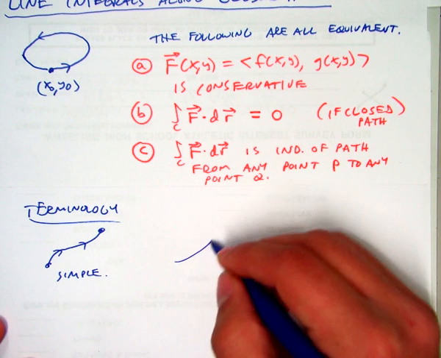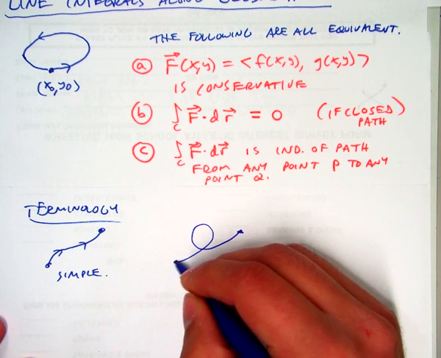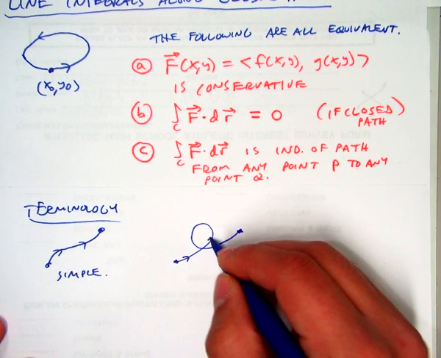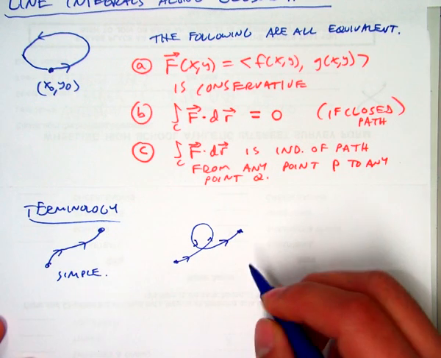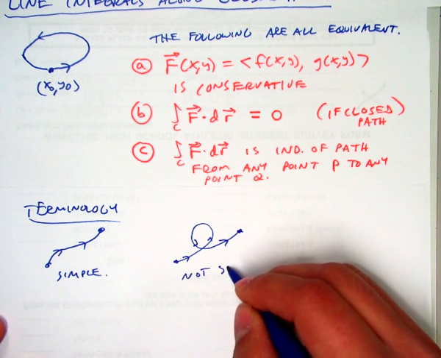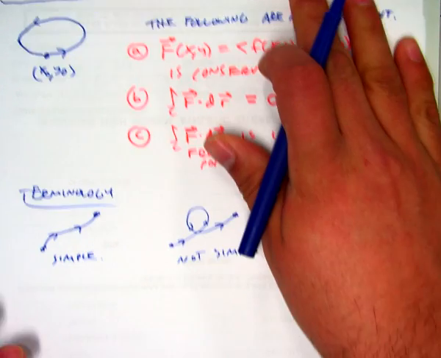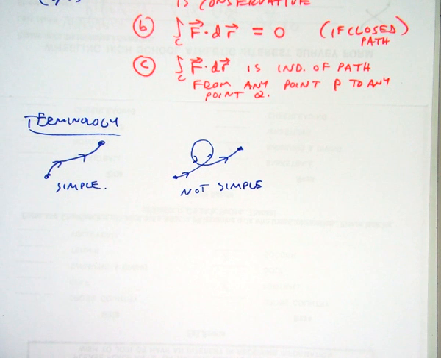Something like this it's not simple. So if it intersects itself, now we're no longer talking about a simple path.